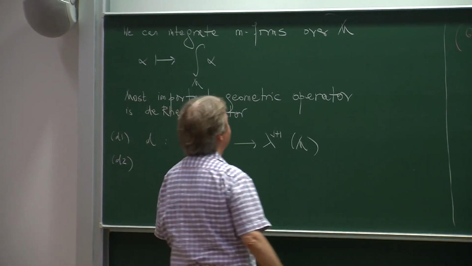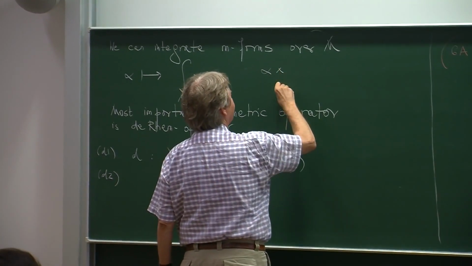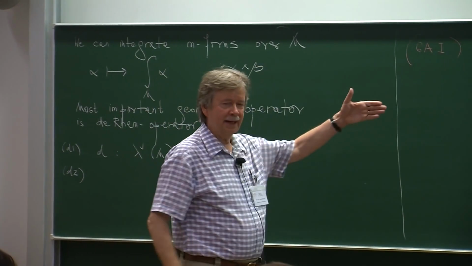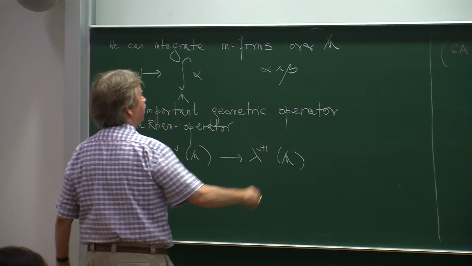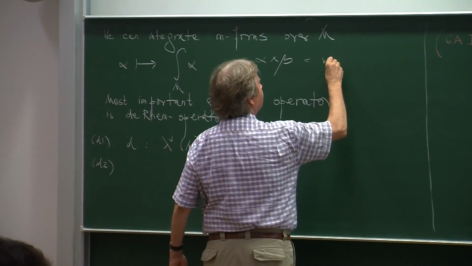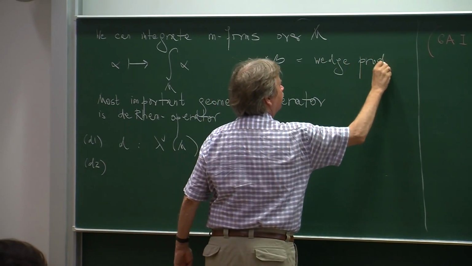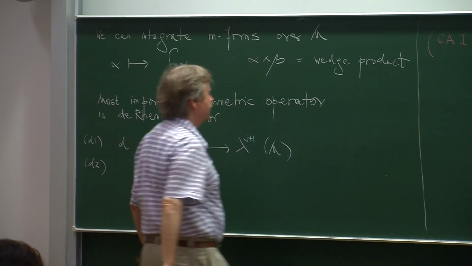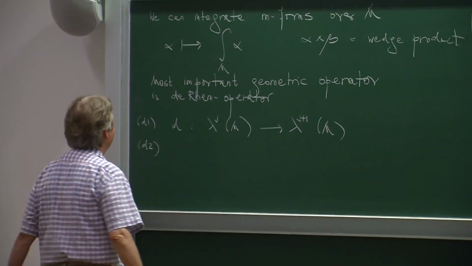What I didn't say, but I tacitly believe that you know the wedge product. So that means lambda m is an algebra under the wedge product, which I do not describe in more detail unless you insist in the exercises.